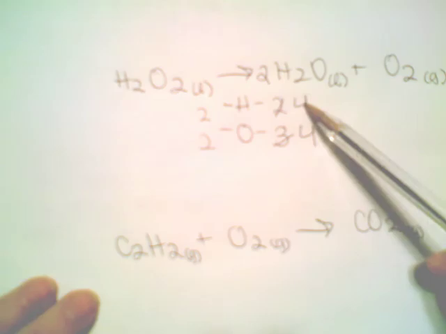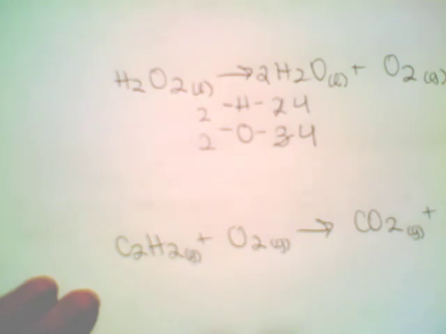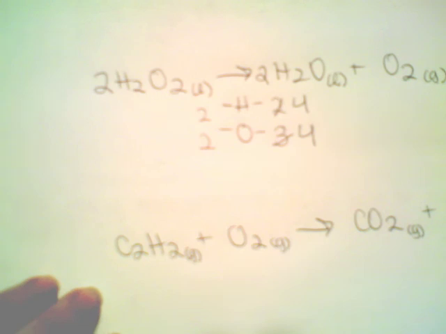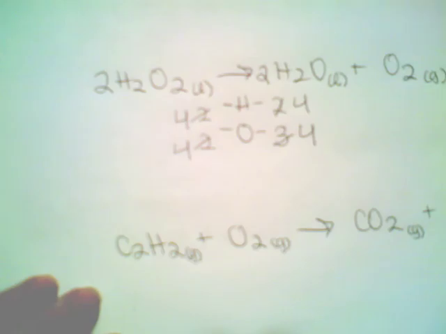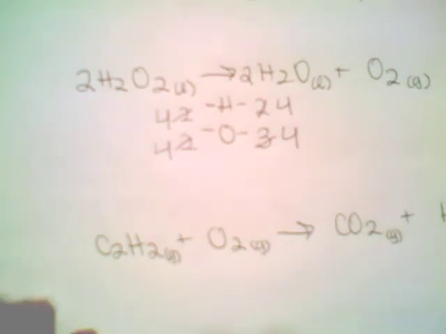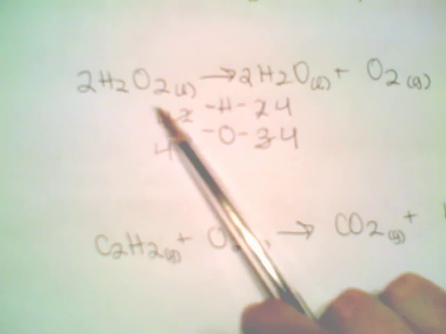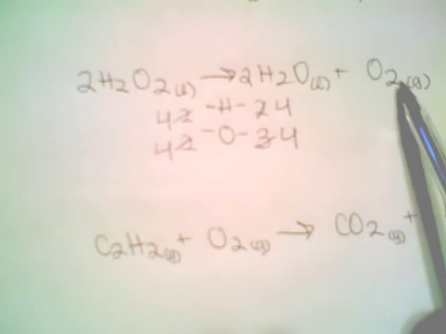I have 4 hydrogen in the products and only 2 in the reactants. So if I put a 2 in front of hydrogen peroxide, now I have 4 hydrogen, 4 oxygen. So the reaction is now balanced. So your answer is 2H2O2 yields 2H2O plus O2.